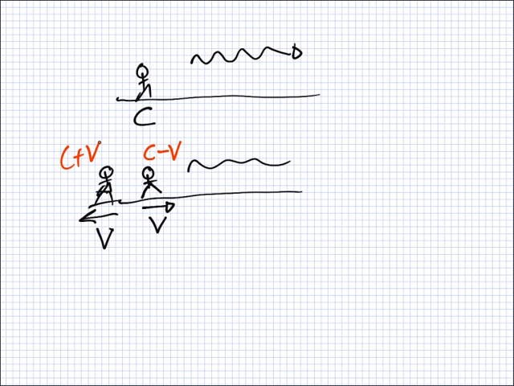But you can't go faster than the speed. No, you're still just going at v. You're just reporting the speed that you see. You see the light going at c minus v, and here you see the light going at c plus v. What Einstein discovered was that both people would still see the light moving at c, even if they're moving in opposite directions.